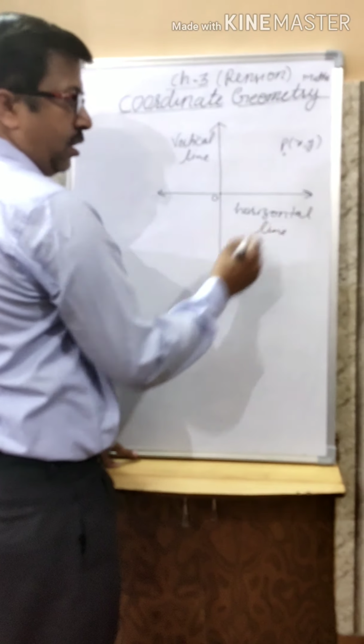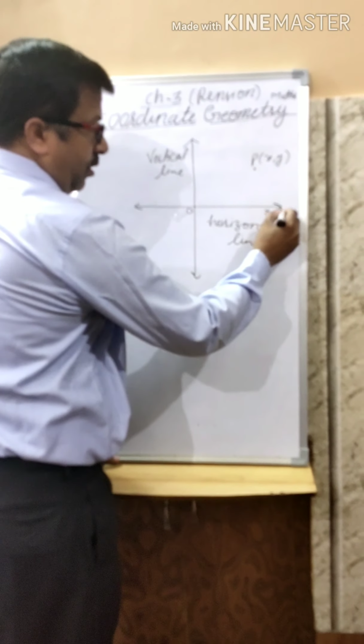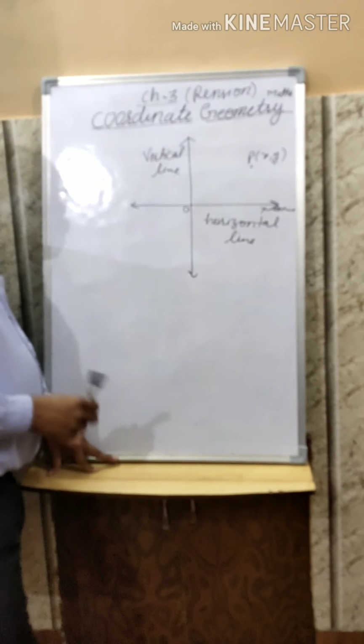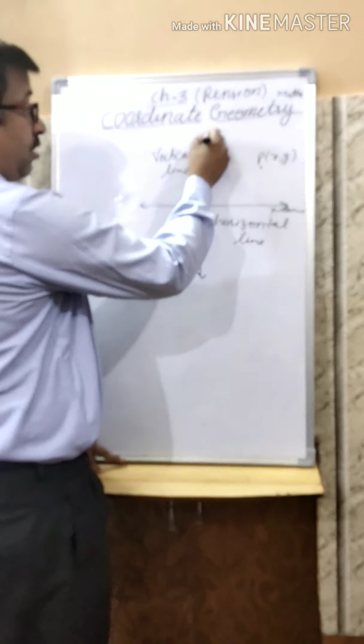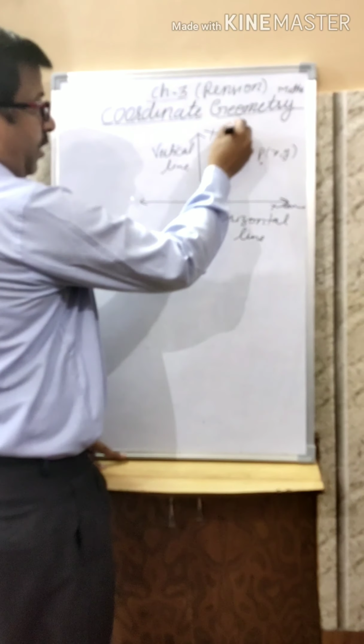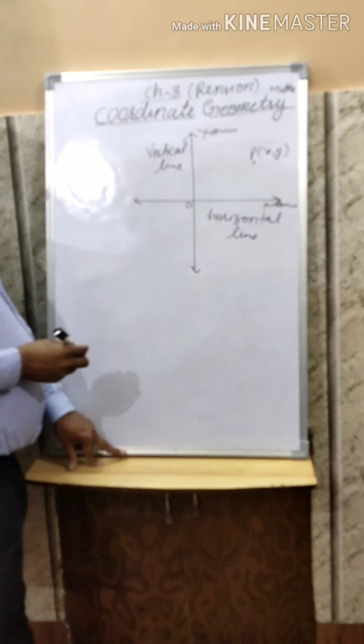My students, in coordinate geometry you see two lines, this horizontal line and vertical line. The horizontal line and vertical line both intersect on the plane, and this horizontal line is known as x-axis and this vertical line is known as y-axis. Clear?